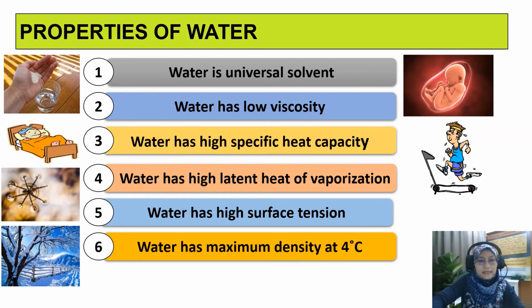And the sixth is that water has maximum density at 4 degrees Celsius, which makes ice float above the water layer and allows living aquatic organisms to survive during winter.